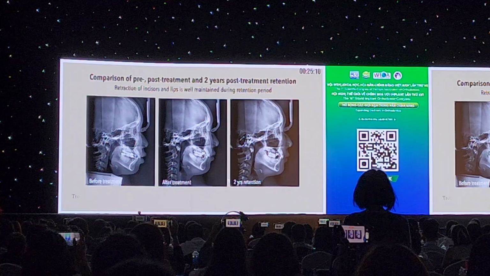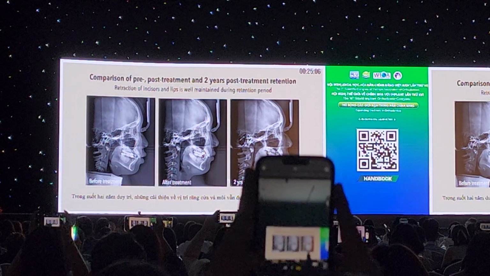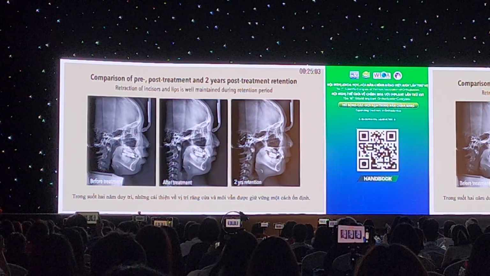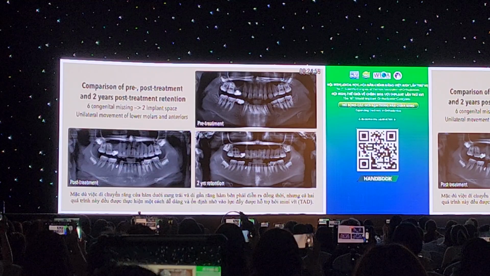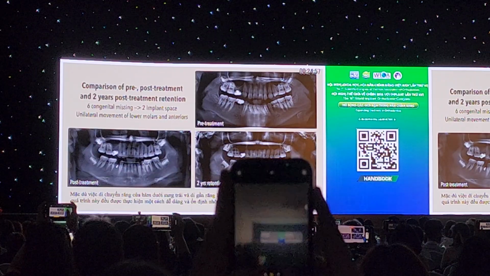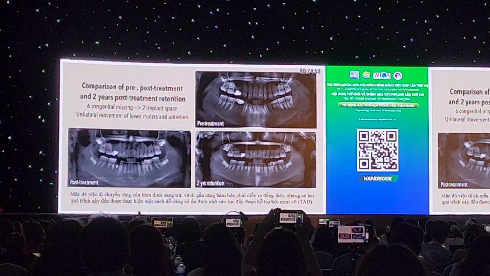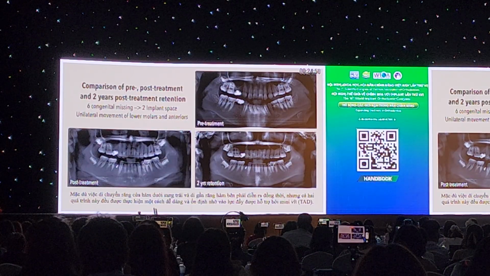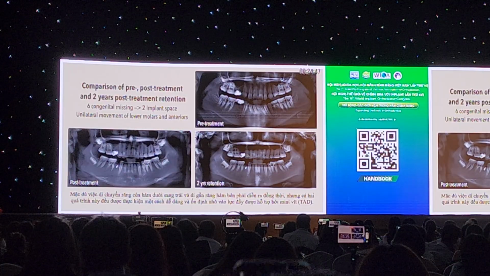Throughout our 2-year retention period, the improvement of the incisors and lips has been consistent and well maintained. Although the leftward movement of the mandibular incisors and forward advancement of the right molar occurred simultaneously, they were achieved with ease and stability through the utilization of pad-supported pushing force.